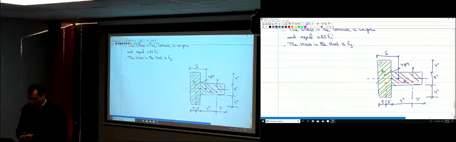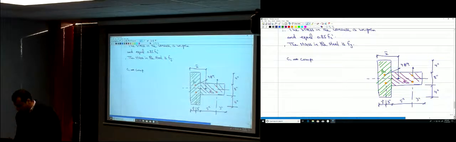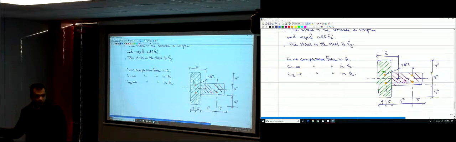Don't use concrete. Concrete is not a good option here. So C1, okay, is the compression force in A1. C2 is the compression force in A2, and CS is the compression force in the area of steel of that column.